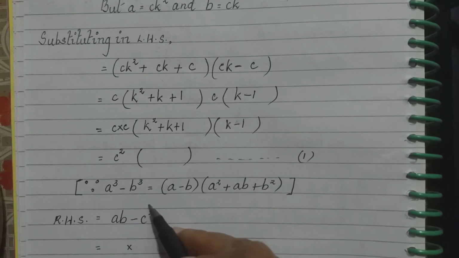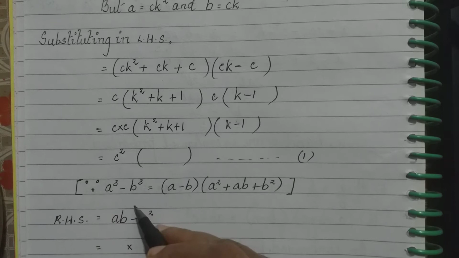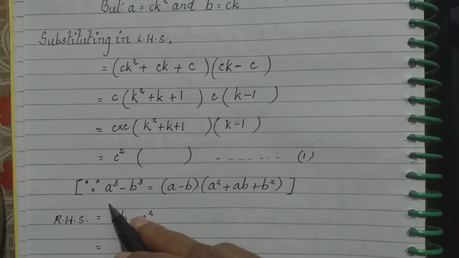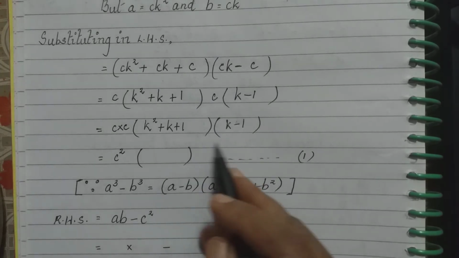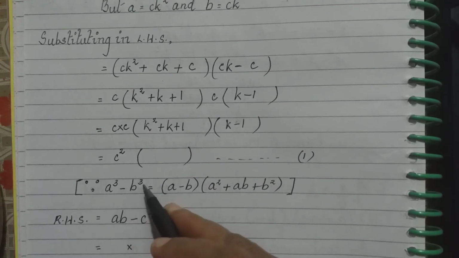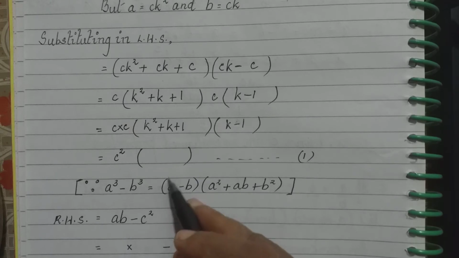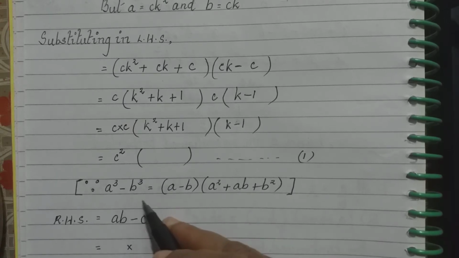Now, if I am saying it is using the a cube minus b cube formula, what is a and b here? a will be k and b will be 1. So if I have a cube minus 1 cube, according to this formula, what will it be?